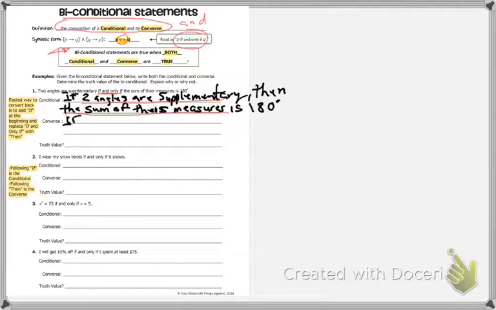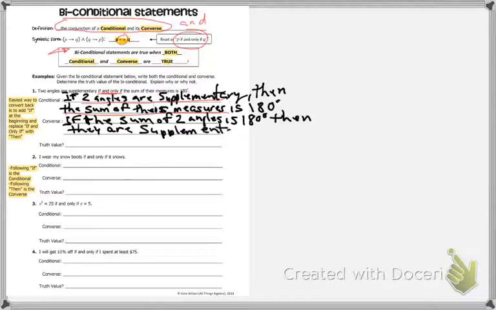So we start off with if the sum of two angles is 180, then they are supplementary. Both are true, so the truth value of this is true.